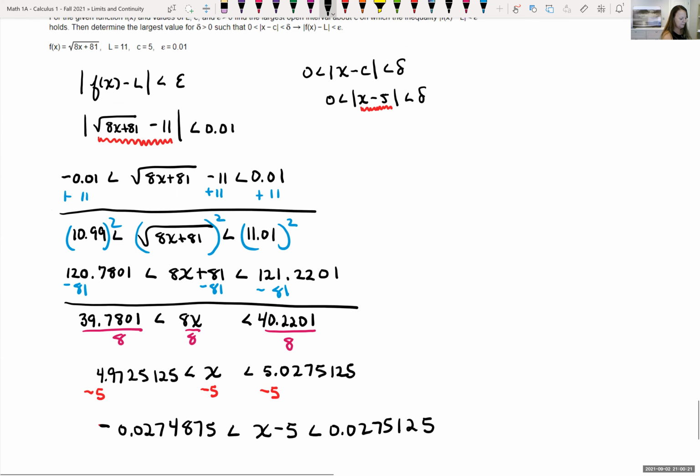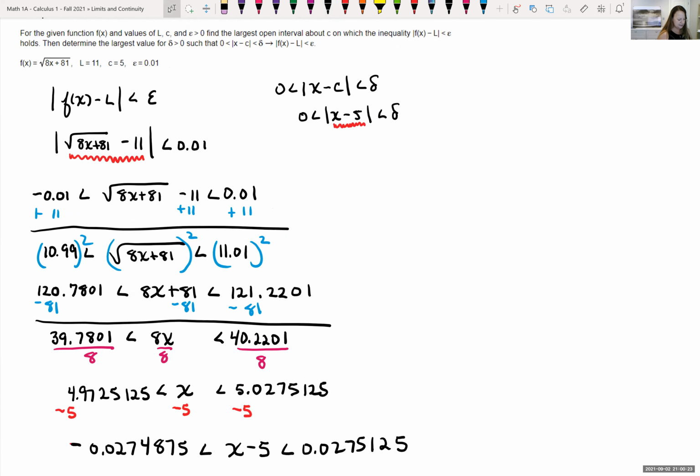And we want the minimum distance. Let's think about this. So we want the minimum.